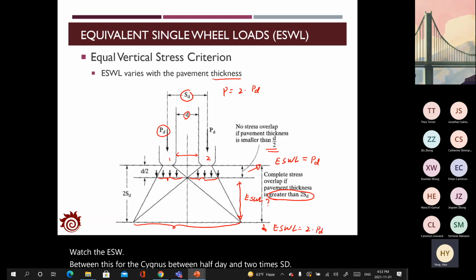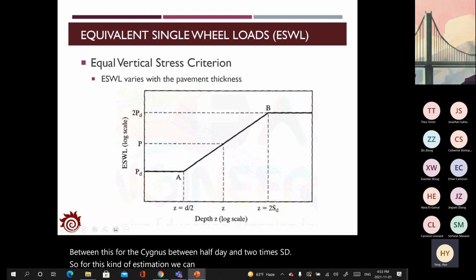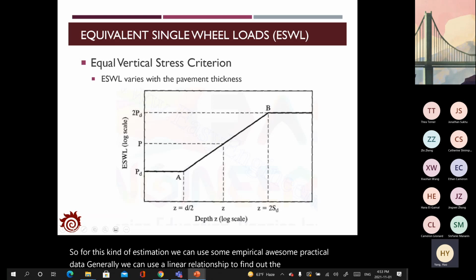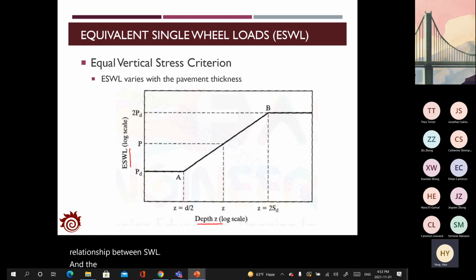For this kind of estimation, we can use some empirical or practical data. Generally, we can use a linear relationship to describe the relationship between ESWL and the depth, which is the thickness from the surface of the pavement structure. If the depth is less than half D, then the ESWL is 1 PD.